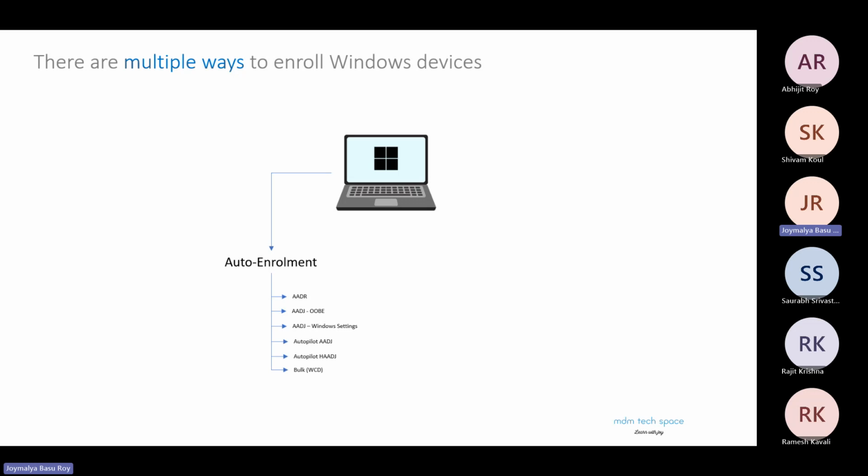You can have Autopilot doing the auto enrollment as well. And the last one is bulk enrollment, which also comes under auto enrollment, from Windows Configuration Designer, the provisioning package, a PPKG file. So this all comes under auto enrollment.